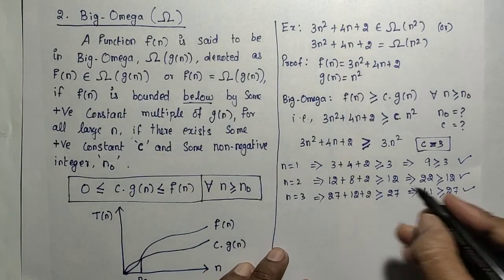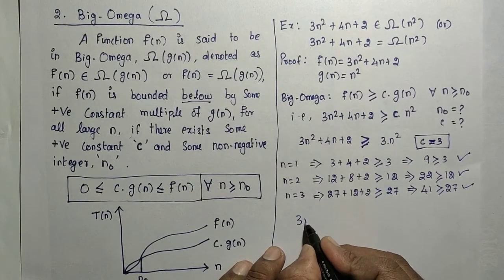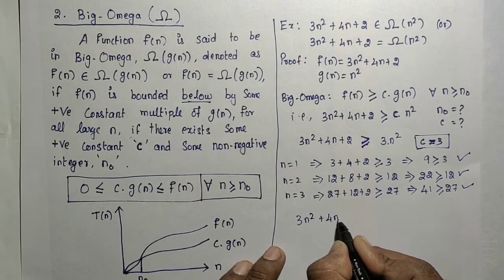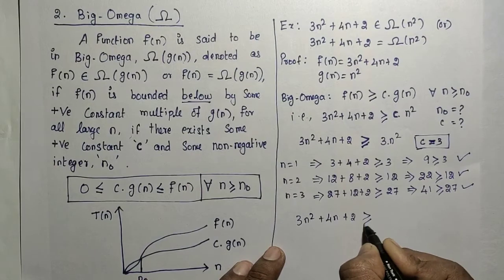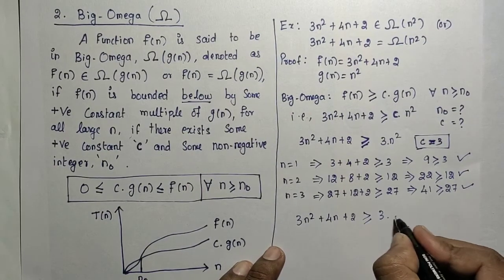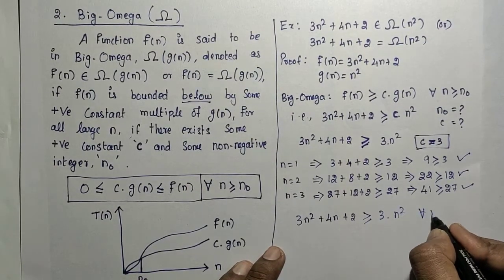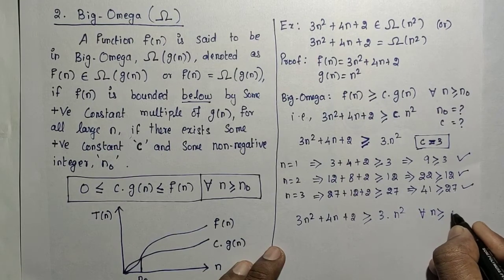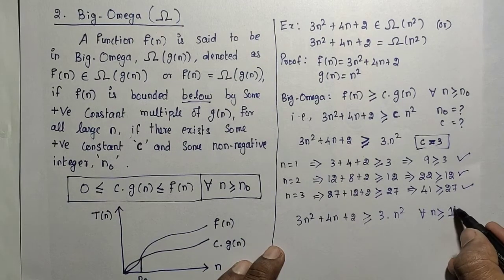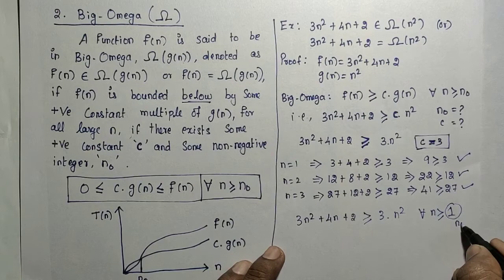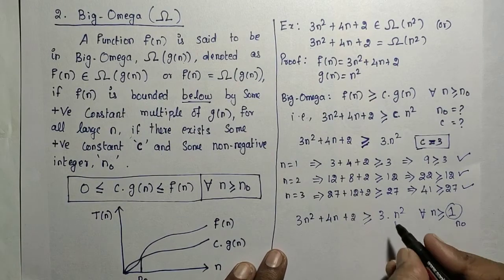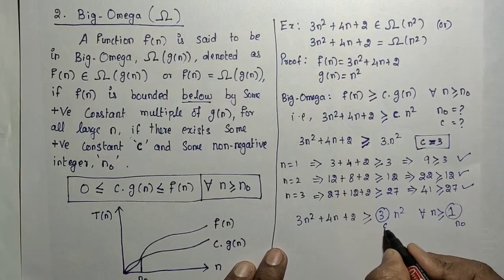So we can say that 3n squared plus 4n plus 2 is greater than or equal to 3 into n squared for all n greater than or equal to 1. So we found that the n naught value is 1, and this is the c value.